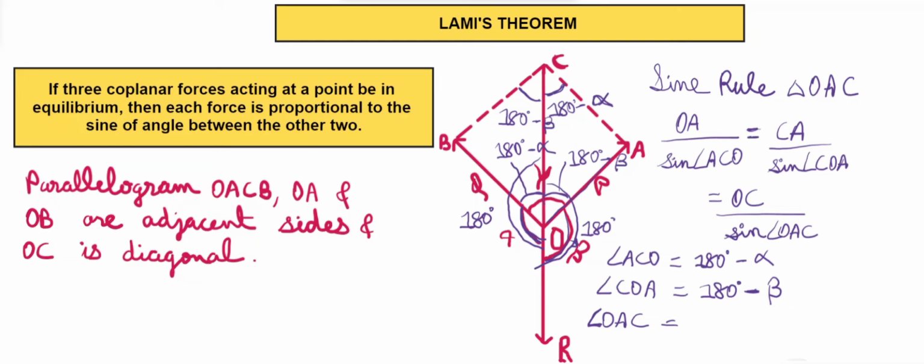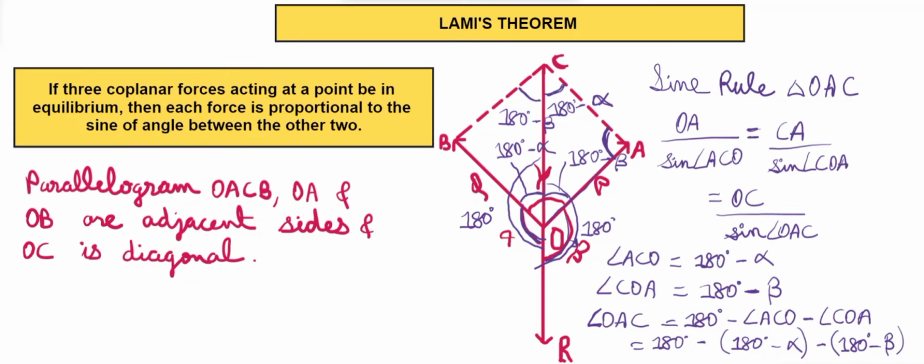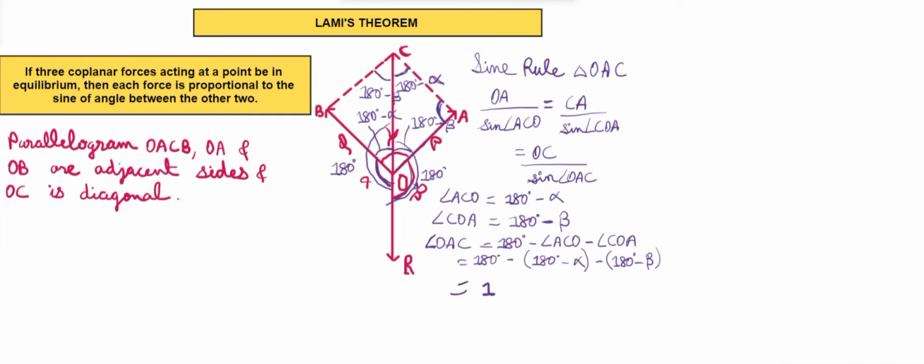Here we have the two angles, so angle OAC is 180 minus angle ACO minus angle COA. Angle ACO is 180 minus alpha and angle COA is 180 minus beta. So this will be 180 minus 180 plus alpha minus 180 plus beta.